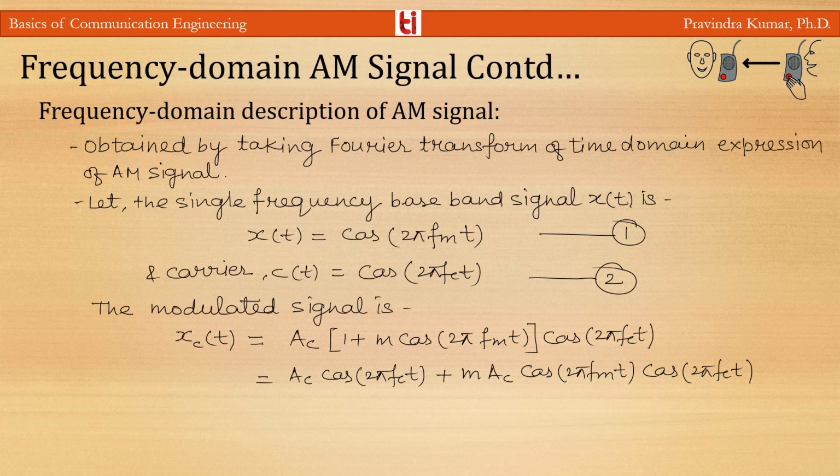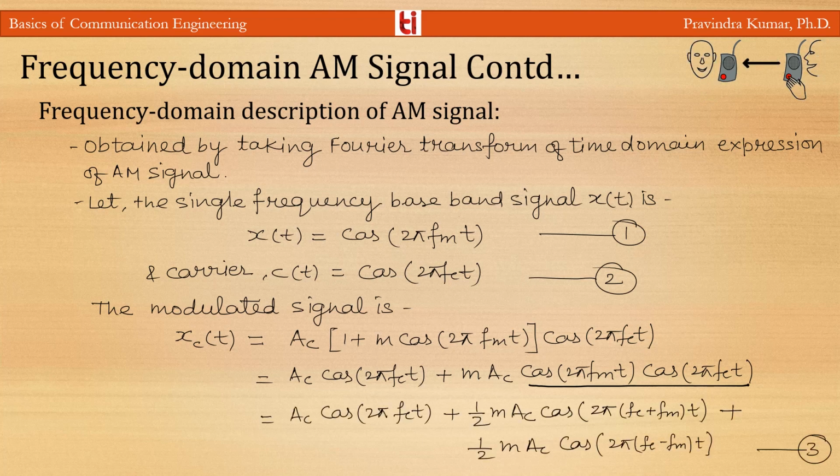By using the formula 2 cos A cos B = cos(A+B) + cos(A−B), x_c(t) will be equal to Ac cos 2π fc t + 1/2 m Ac cos 2π (fc + fm)t + 1/2 m Ac cos 2π (fc − fm)t.